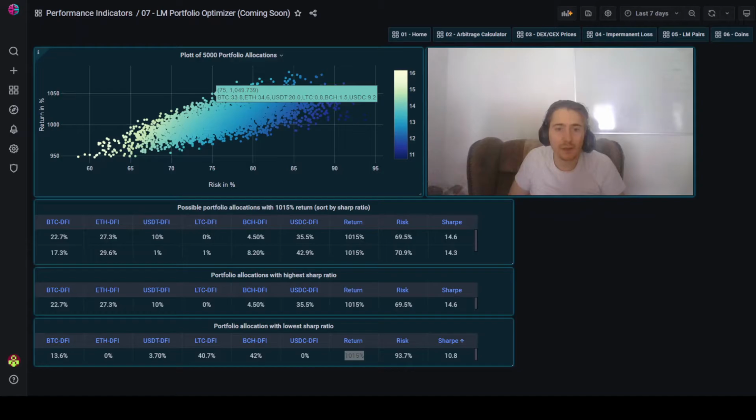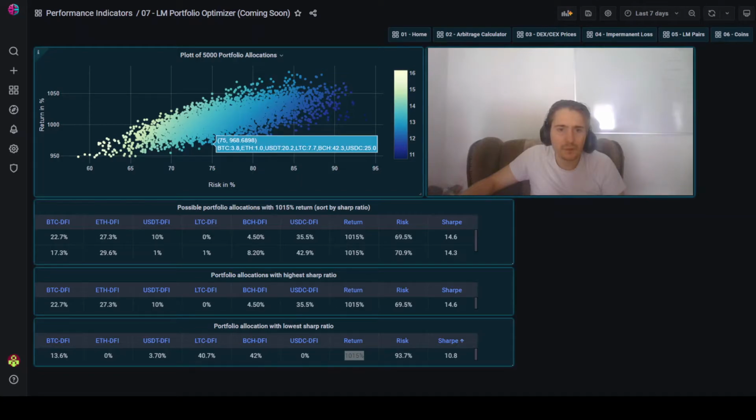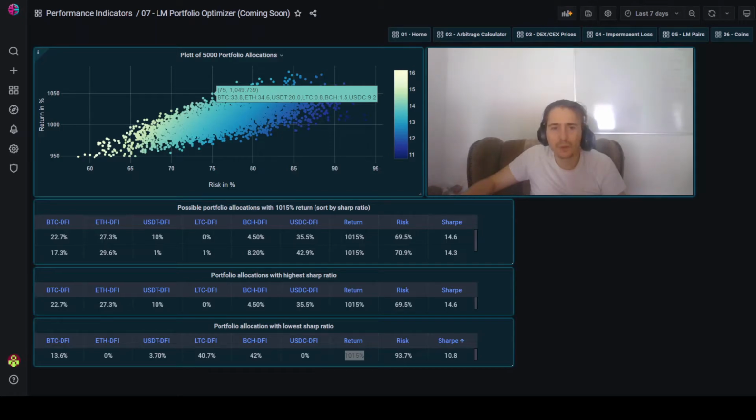So how much was it here at the bottom? 968. So let's assume more or less, a bit less, but almost 100% more return by just changing the allocation of the portfolio, because the overall risk is the same, but the return is bigger.